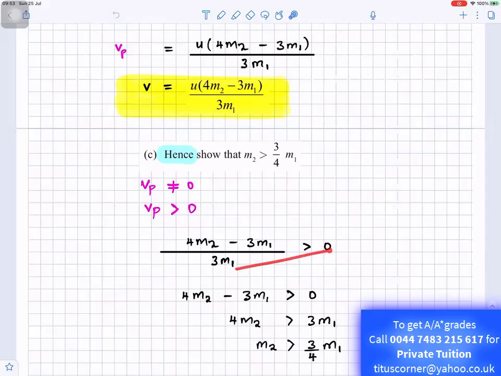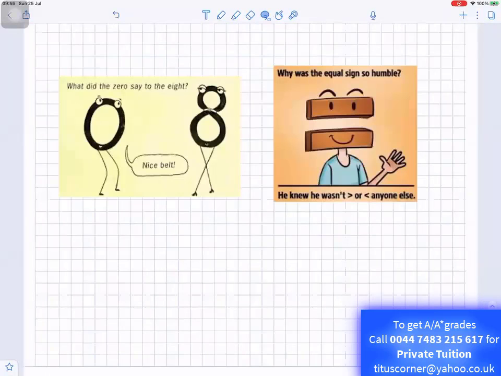Cross multiply, 0 times 3m1 is 0, so 4m2 minus 3m1 should be bigger than 0. Minus 3m1 goes to the right and becomes plus 3m1. So 4m2 is greater than 3m1. Divide by 4, so m2 is greater than 3/4 m1.